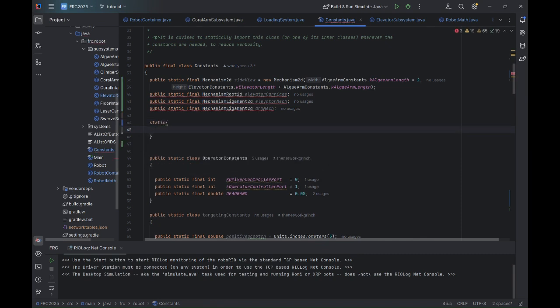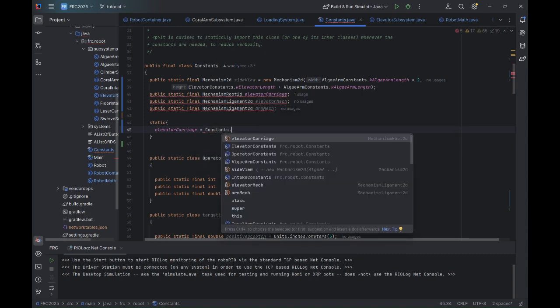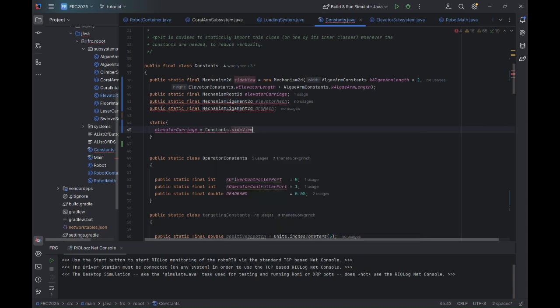So first, our elevator carriage, and it's based on the mechanism 2D, the side view. So constants, side view.